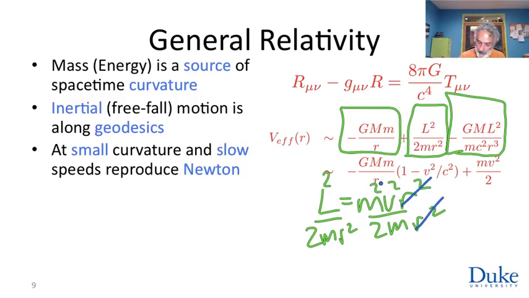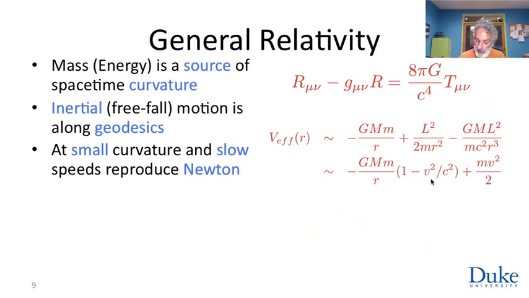The r squareds cancel, one of the m's cancel, and this is a half mv squared. So this term, in the case of circular orbits, is a fancy way of saying kinetic energy. This term is Newtonian potential energy. This term, when you plug everything in, turns just into v squared over c squared times this term.